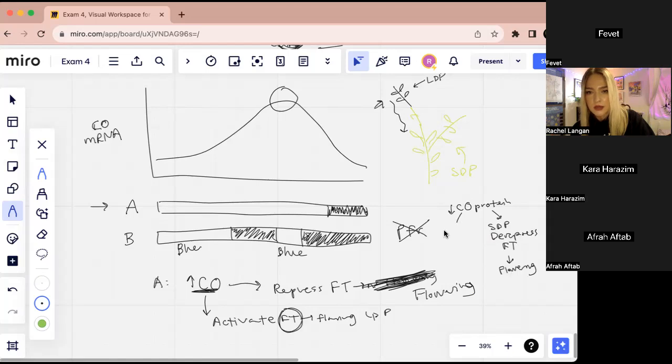Decrease CO in the long day plant would mean less activation of FT.